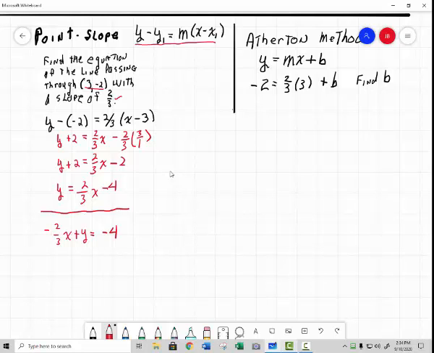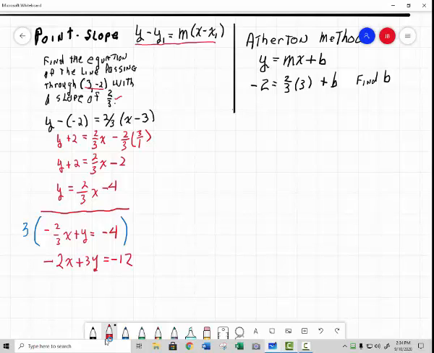Now what I want to do is multiply everything in here by that denominator of 3. If I do that, the 3's cancel here and I get minus 2x, plus 3y, and minus 12 over here. Just multiply all three parts by 3.